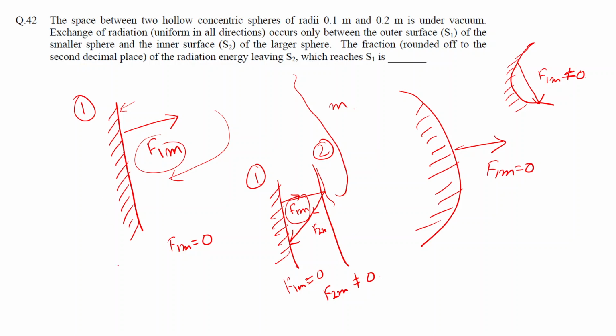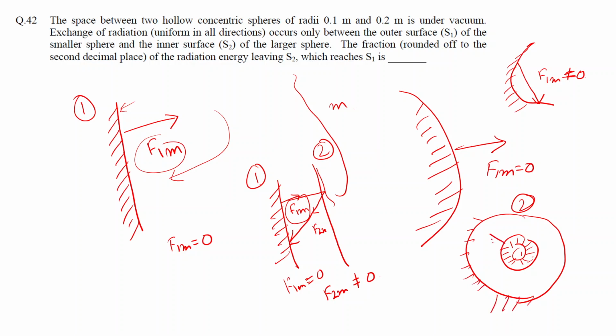And in our question, we have been given these two spheres, and for the first sphere the radiation was occurring through the outer side, and for the second sphere the reflecting surface is the inner side. That is why if a radiation is being emitted from the first surface, it won't come back to this first surface.